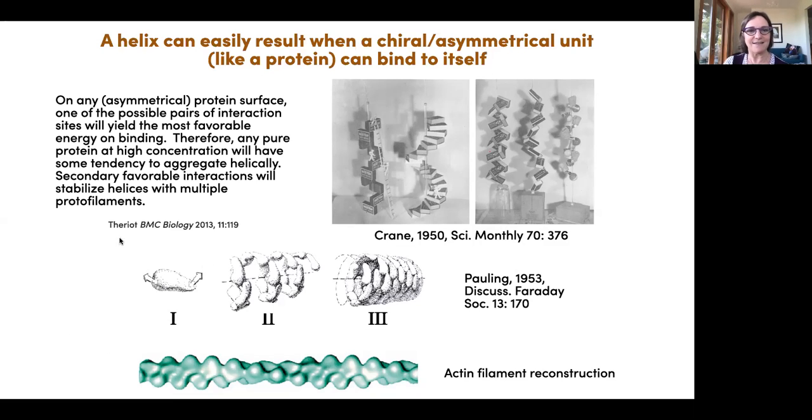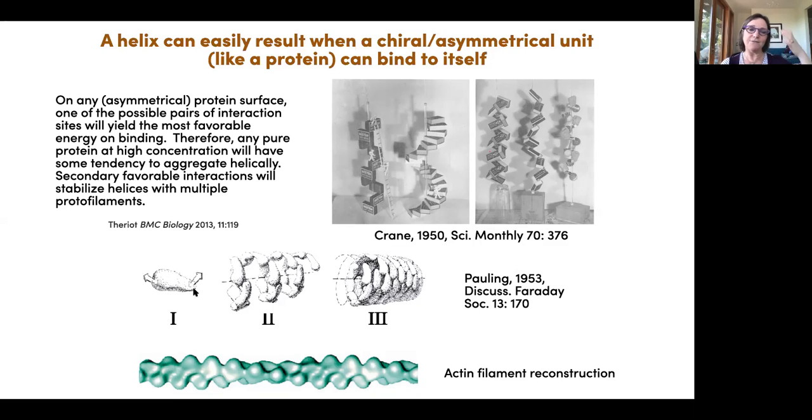So this is an essay that Julie wrote that I found very thought-provoking. What she highlighted is actually some ideas that were prevalent in the mid-20th century, that if you have a protein, a protein is a blob, but it typically doesn't have mirror symmetry, it's an asymmetric blob.